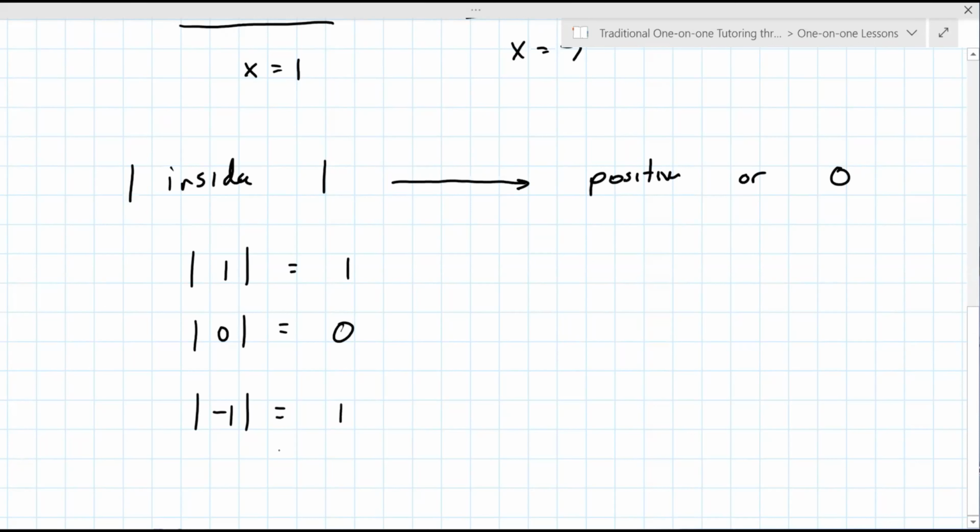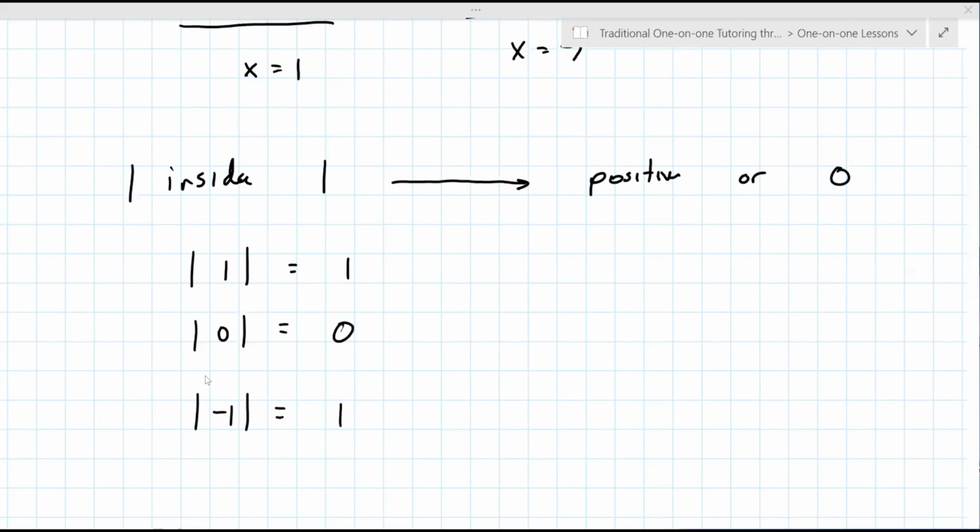Positive 1. Can I ever get a negative number on this side? Unless you have a negative before the absolute value. That's true. So let's go back and look at that in the graph, because that's actually very important to talk about here. Let me go back to the other window. So you just said something very important.